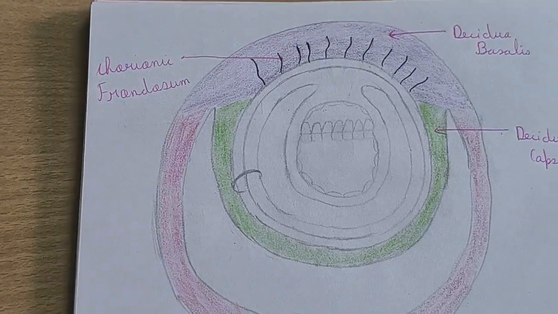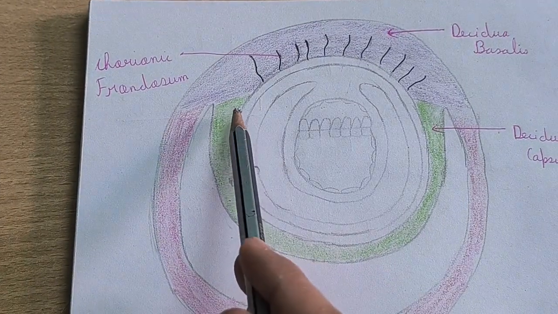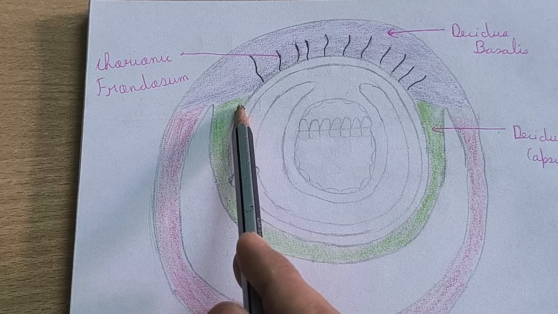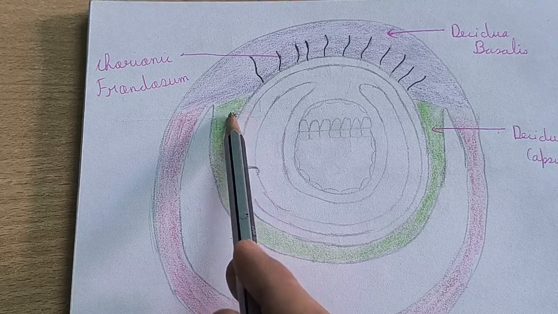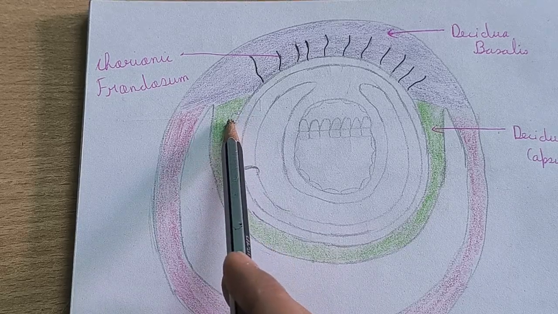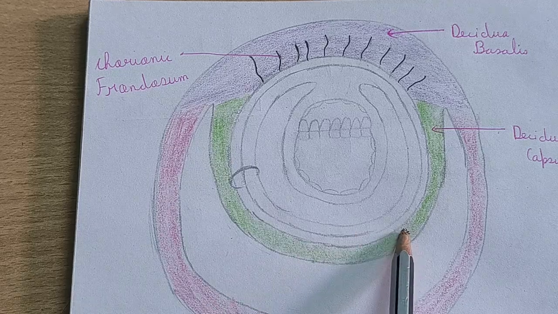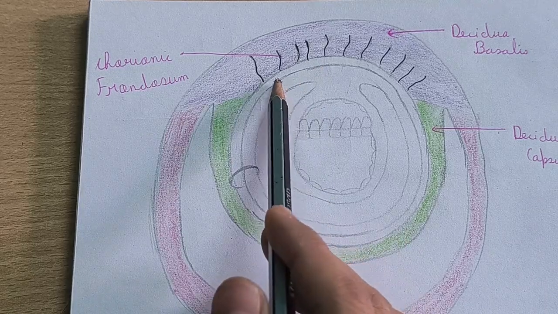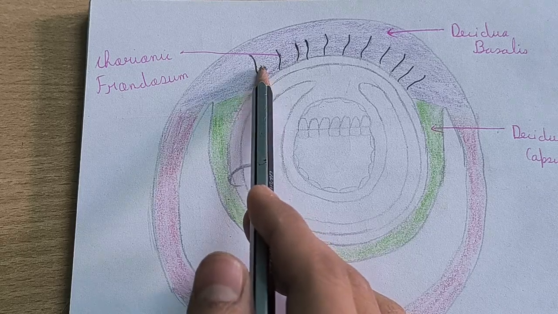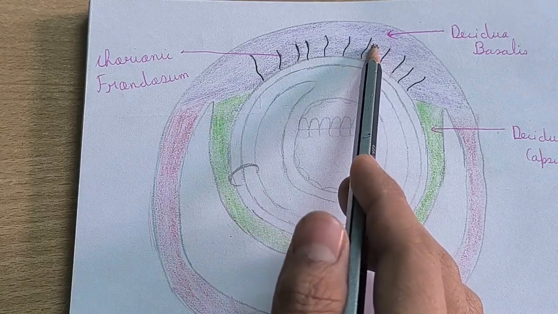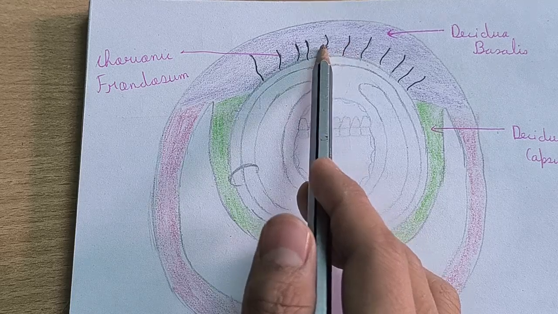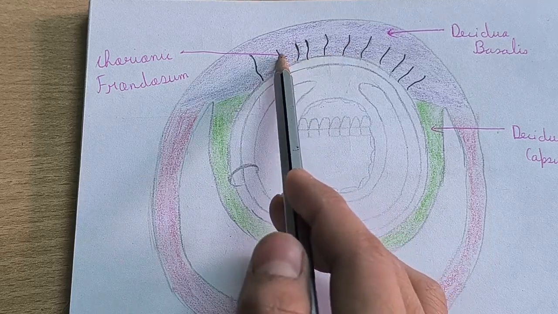Now slowly, initially all the villi that grew around and made contact with the Decidua Capsularis disappear, and only the chorionic villi that made contact with the Decidua Basalis survive, maintain their vascularity, and grow further.